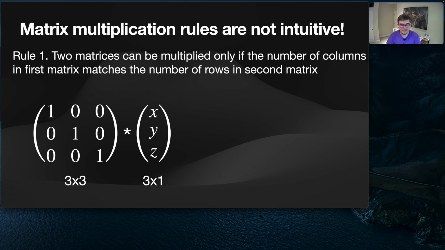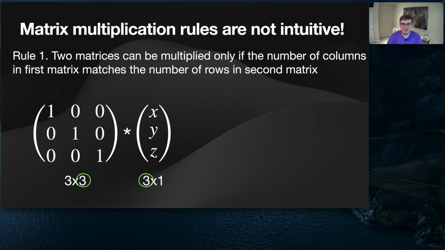In the left matrix we have this 3 by 3 matrix which has 3 rows, 3 columns, and the second matrix has 3 rows and only 1 column. And so as you can see, the multiplication was only possible because our first matrix, our left one, had a number of columns that was equal to the number of rows in the second matrix.